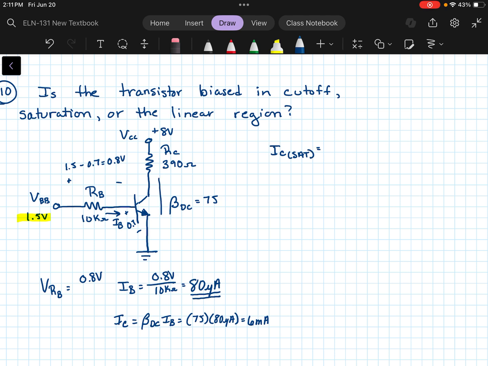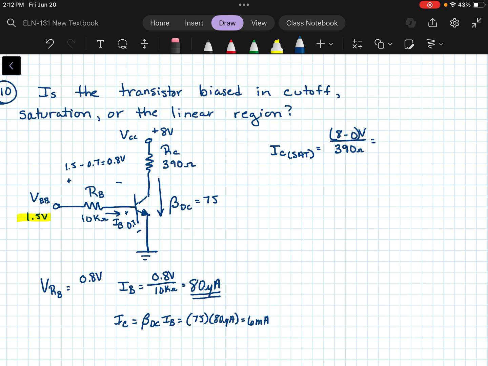And that's going to be when our transistor is looking like a short circuit from the collector to the emitter. So that would be basically an 8-volt drop to ground divided by whatever resistance is in that path. We only have the resistance at the collector.